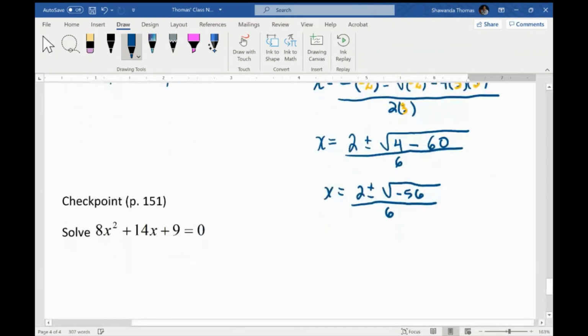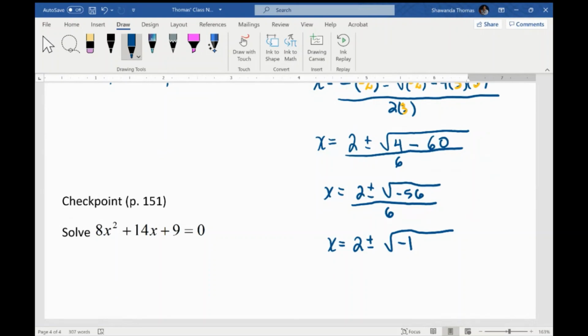No. What is one thing you see we definitely got to get rid of under this radical? The negative, definitely. Anything else? The perfect square. There is a perfect square in 56. There's a rule: if our number contains a perfect square factor, we have to get it out of there.